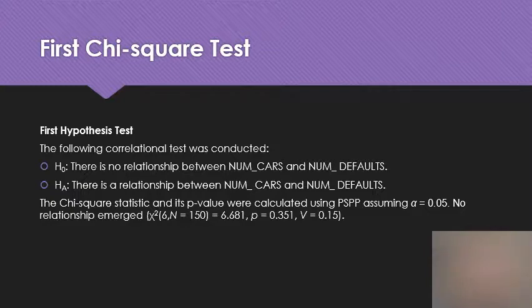The chi-square test showed the results of no relationship emerged. The degrees of freedom were 6, with the number of cases being 150. The chi-square value was 6.681, with a p-value of 0.351 and a Cramer's V value of 0.15.